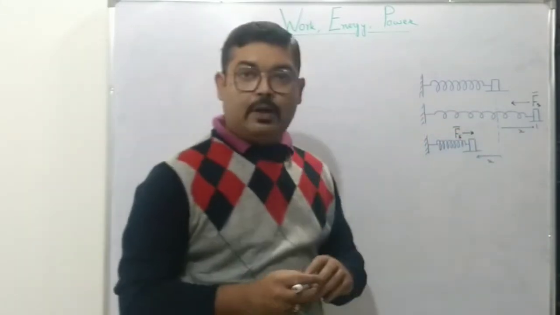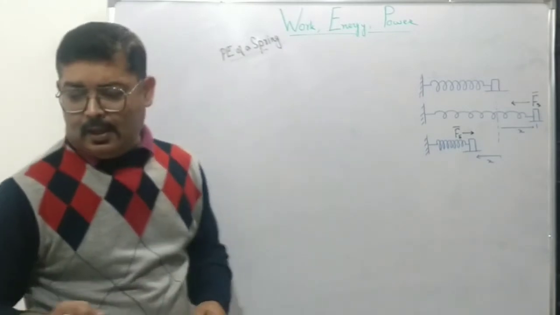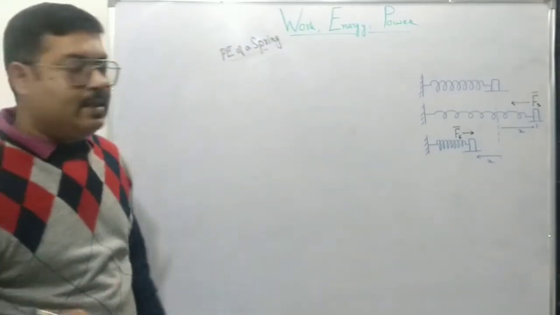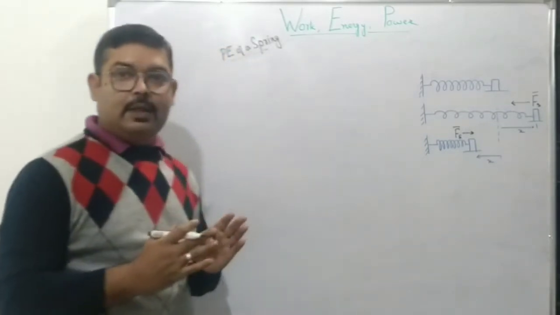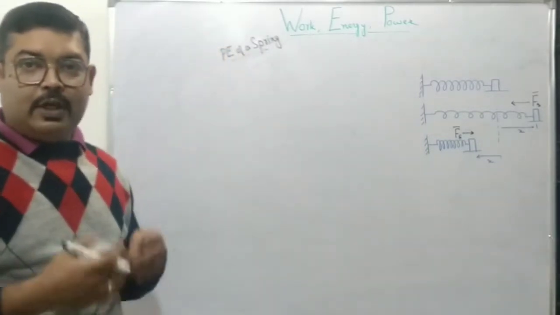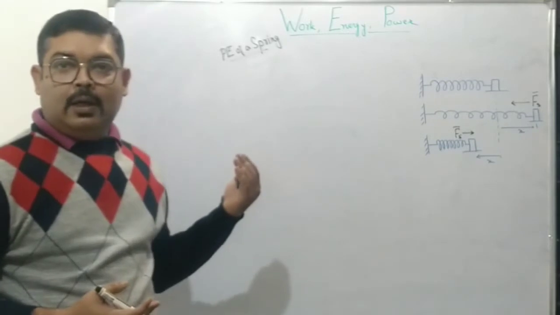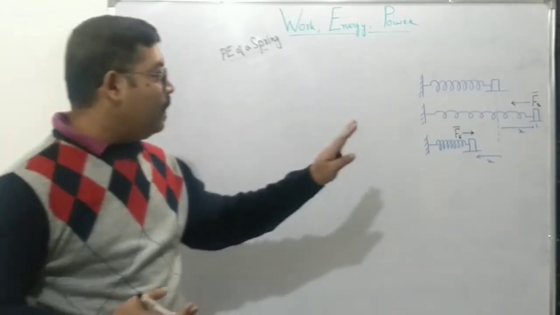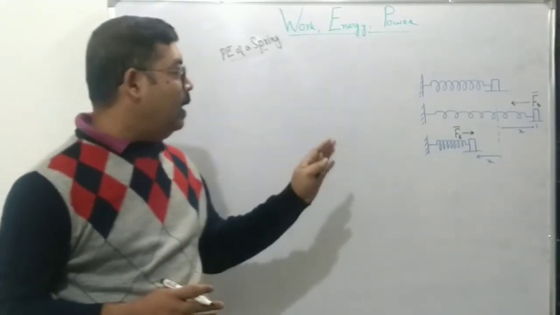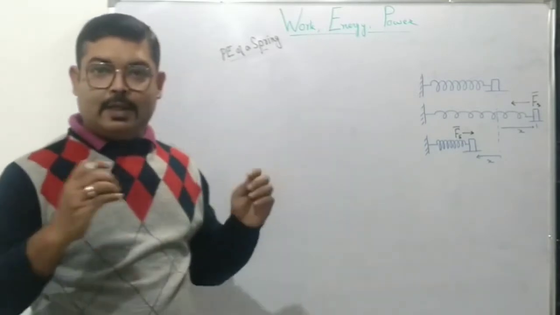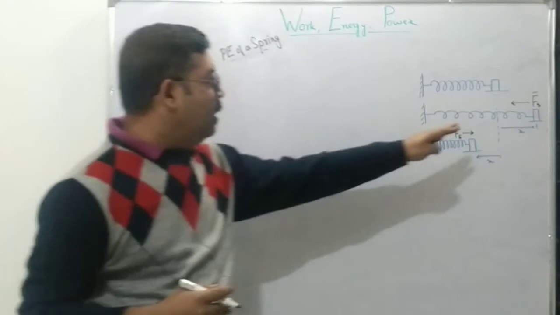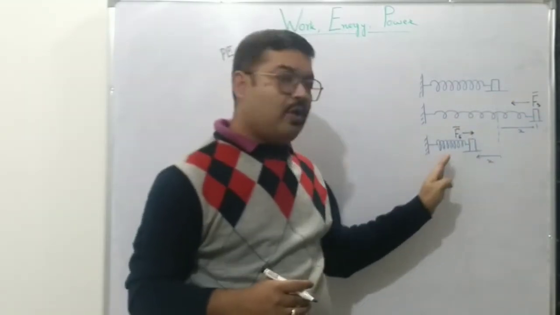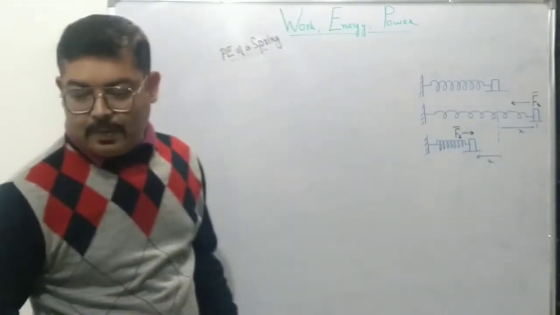This particular property of the spring is explained with the help of Hooke's law, which says that whenever the spring is extended or compressed, it will develop a restoring force against the direction of the displacement, whether it's extended or compressed.